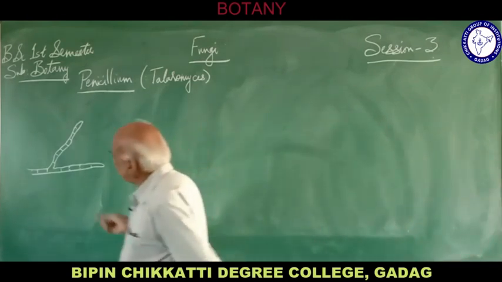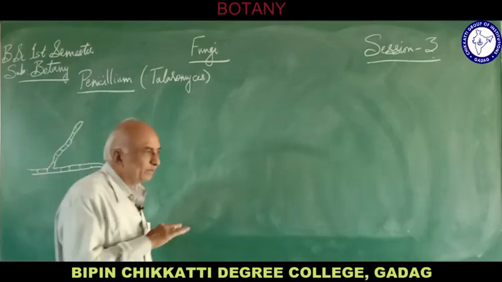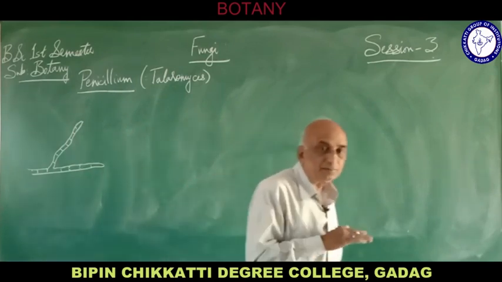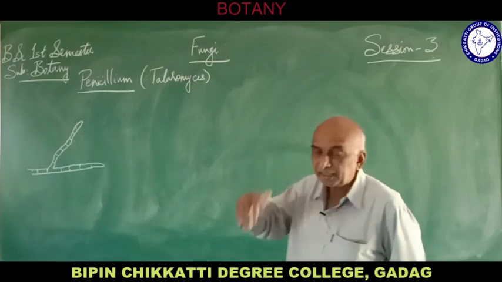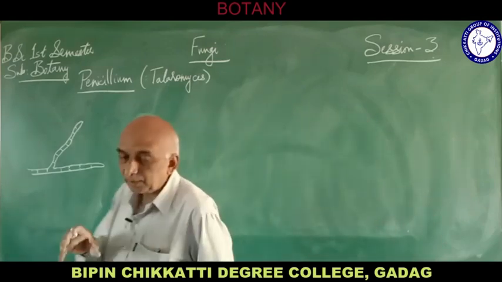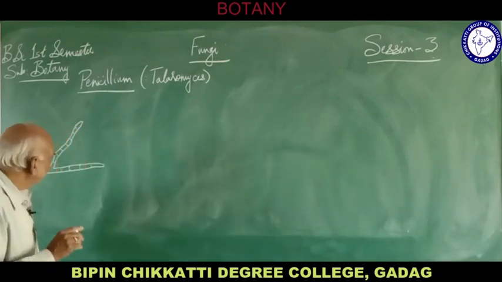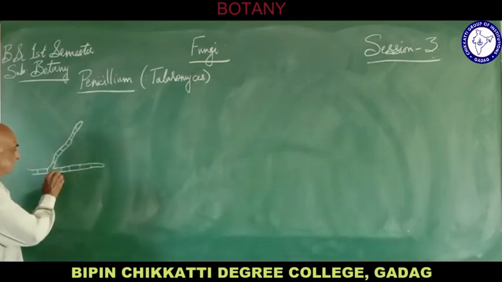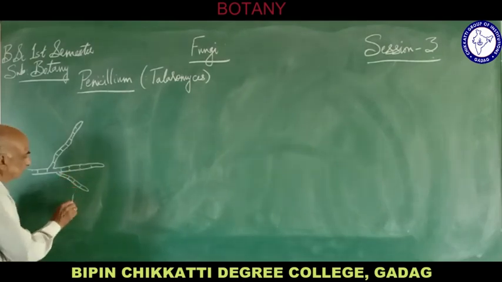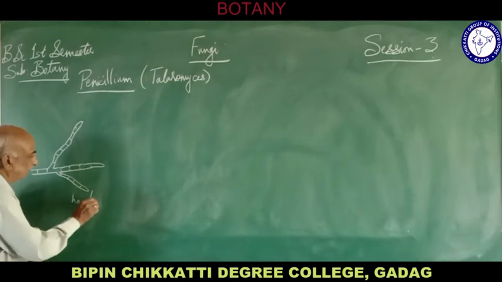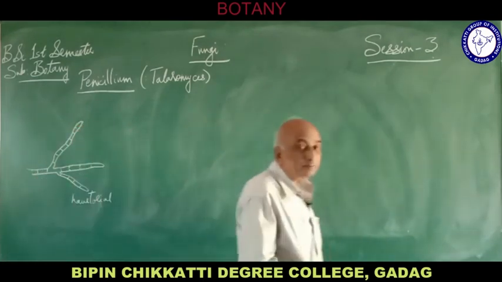Now the hyphae, whenever present in a substratum, for example a fruit or vegetables, penetrate the substratum to absorb nutrition. Suppose this is the hyphae which absorbs the nutrition, this is called the haustorial hyphae. Haustoria are the structures for absorption.